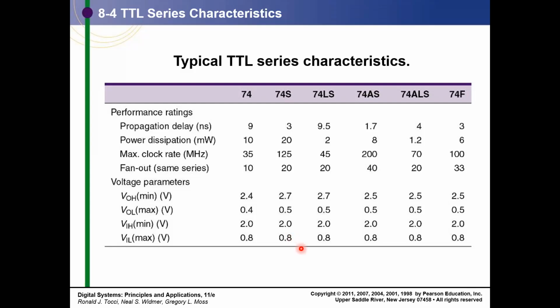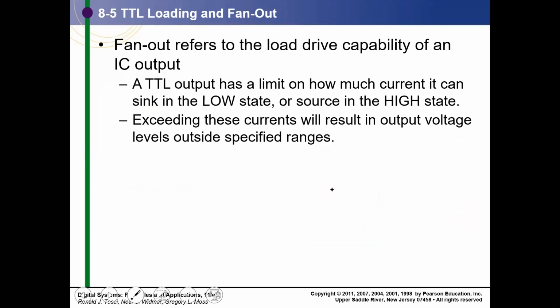So it is asymmetric. If you come over here, the high is 0.5 and low is 0.3. Again, it is asymmetric. But you have some increased noise margin on the higher side in this series. So you always need to check these values, and not only the voltage parameters, you also need to check the current parameters if you are trying to use different ICs with different families. Then you have to make a compatibility check as well.